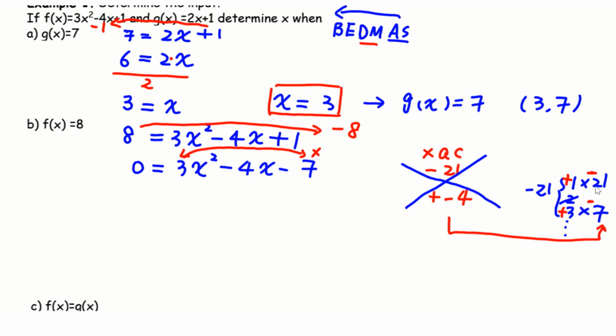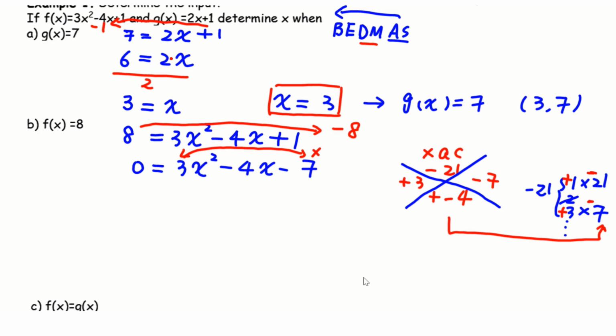We check positive 1 and negative 21: the product is negative 21, but the sum is negative 20, not negative 4, so it doesn't work. Positive 3 and negative 7: the product is negative 21 and the sum is negative 4, so positive 3 and negative 7 works.